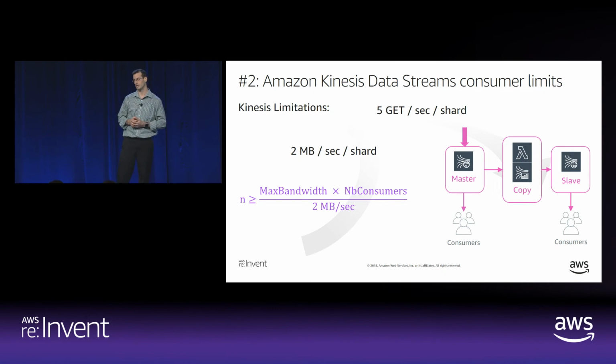You do that by using Lambda or Kinesis Analytics, and you spread the consumers across those 2 streams. The downside of this solution is that the reliability of the slave stream is lower than the master stream. So you can think about other architectures that you can create in order to solve that problem.